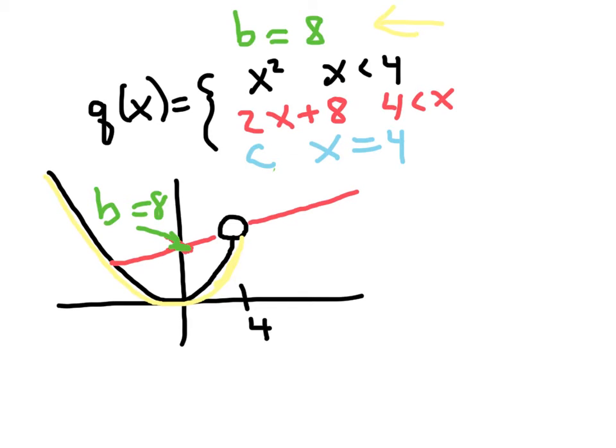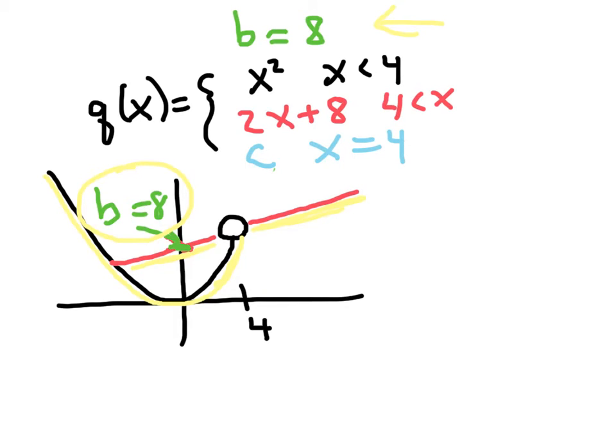And then I have the function 2x plus 8 when x is greater than 4. So that's this piece of the line. But I included the piece to the left of x equals 4 only so that you could see what the b was looking at. Okay, we were finding the y-intercept for the function.